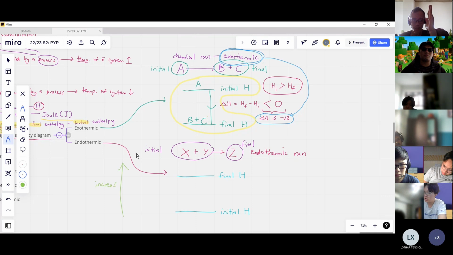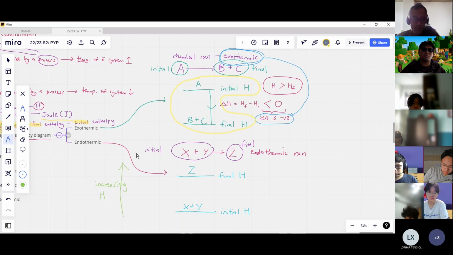That is always the convention. Please don't reverse the convention on your own. Upwards is always increasing. So what's on the initial line? Initial will be your components on the left, X plus Y. Final will be your component on the right, so this will be Z.